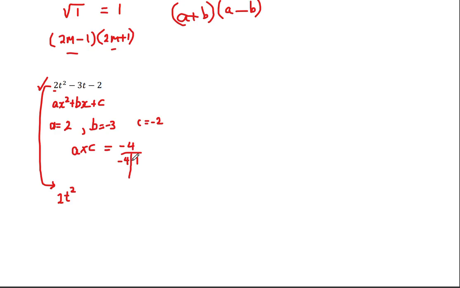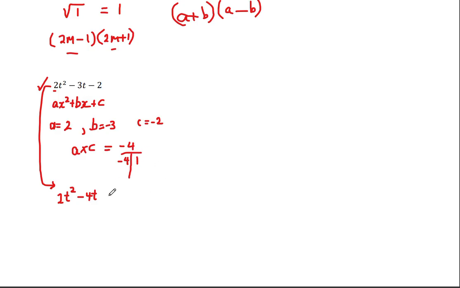And that is why it was important that the numbers that we found, when we add them, we get b. That's why that is such an important condition, because we use them to substitute into the quadratic equation to replace the middle term, that is the term in b. So this will be 2t squared minus 4t. We're expressing the 4 now in terms of t because we're using it to replace a term in t.